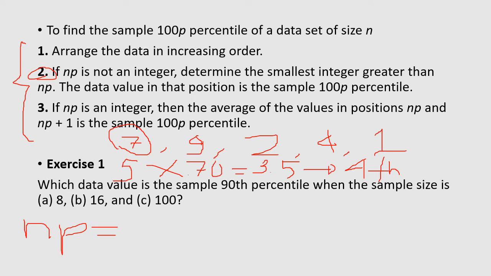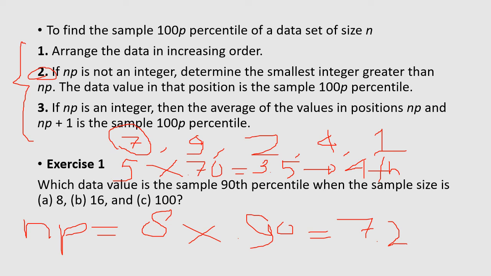So 8, again the sample size, times 0.9, right? So that would give us 7.2. Again, if np is not an integer, then you should convert it to the smallest integer greater than np.